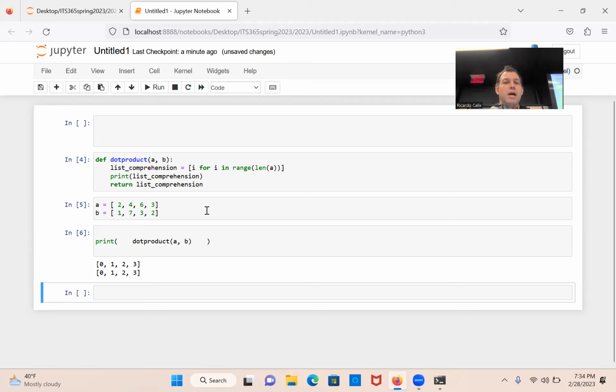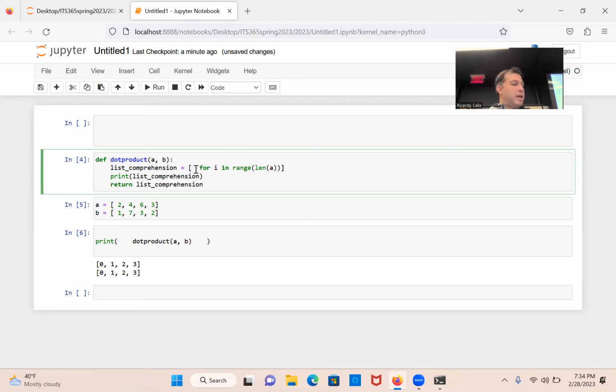All right, so now what I'm going to do here is, instead of printing i, I want to multiply the element of A with the corresponding element of B, right? So to do that, I can just say A[i], correct? All right, good. Times what?